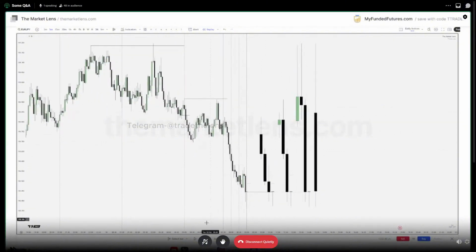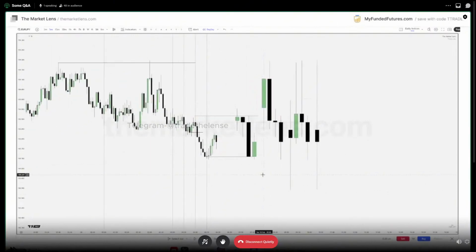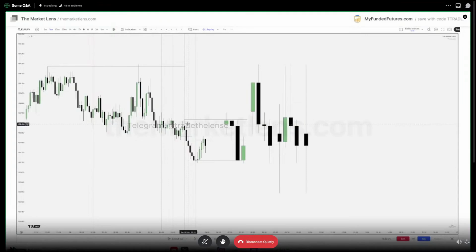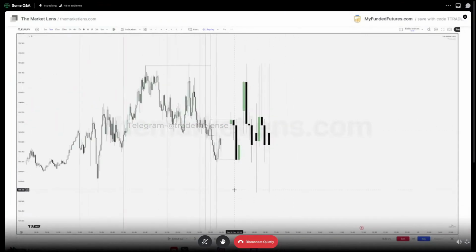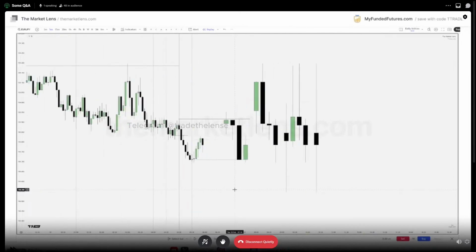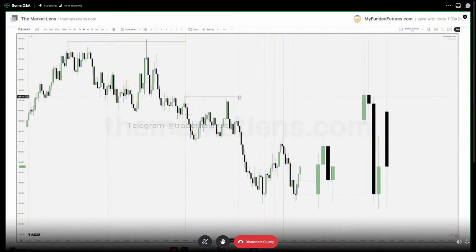But hopefully that made sense. A bit of waiting there, but I just expected this wick to form. But yeah, it works on anything. That's actually a bit sketchy.